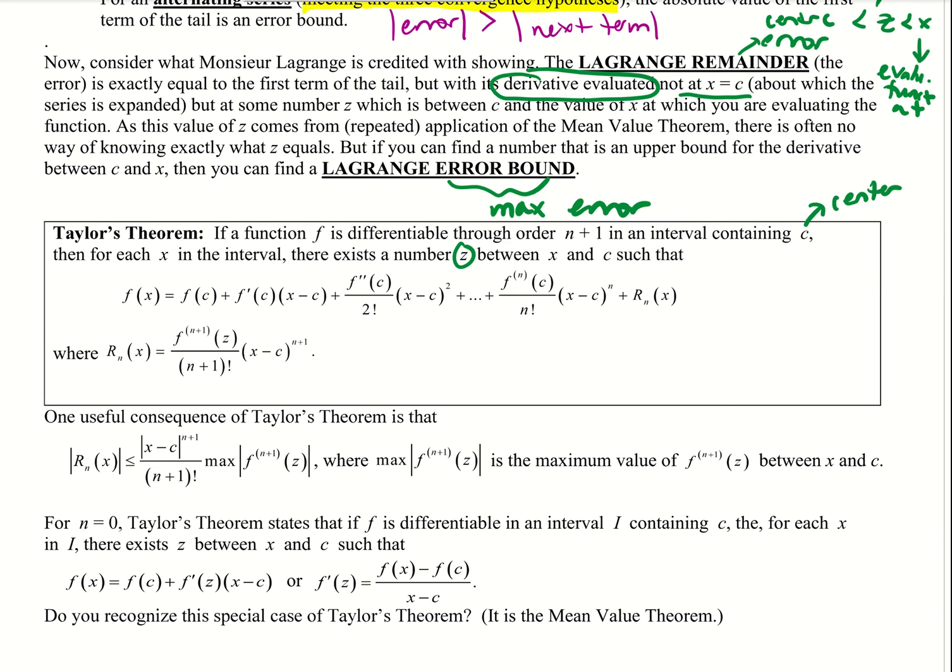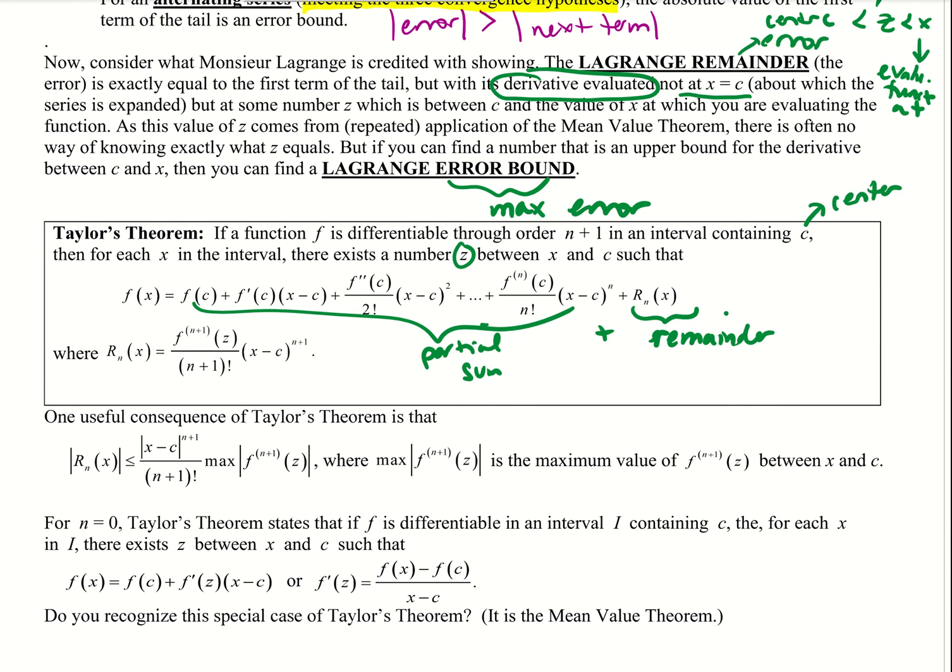when we look at the remainder, so this is our partial sum, and then this would be the remainder, which will also tell us what the error is going to be, or the max of the error.